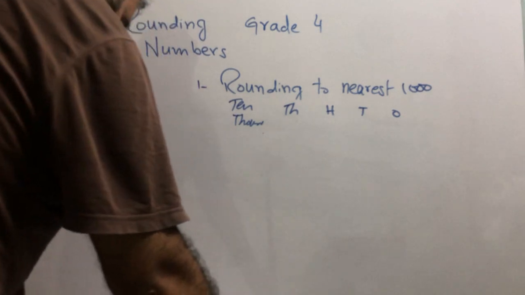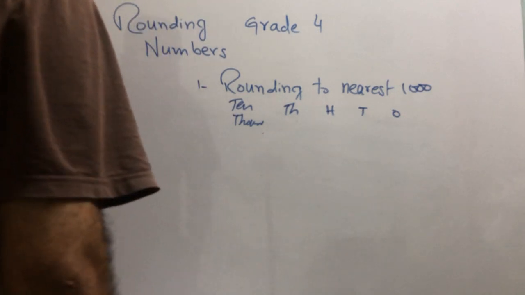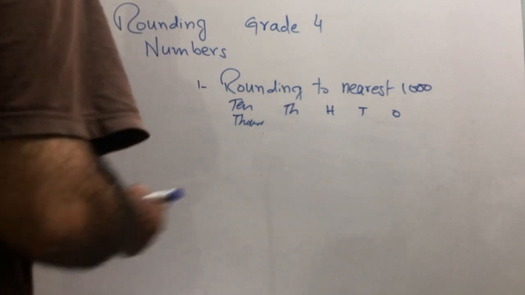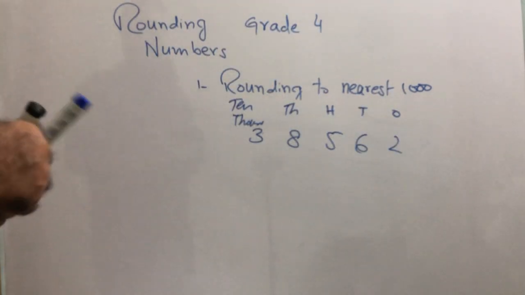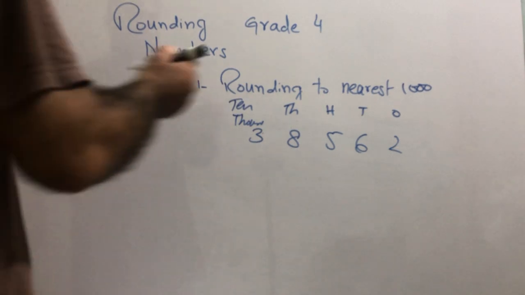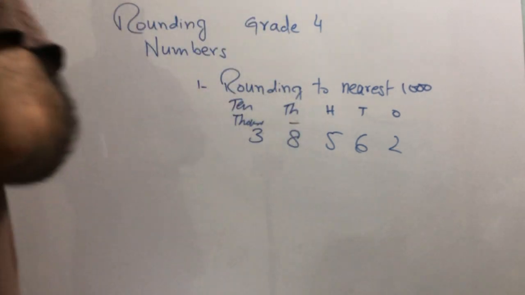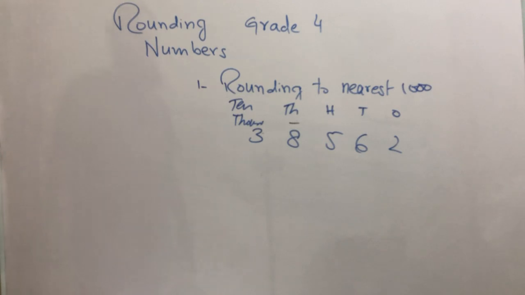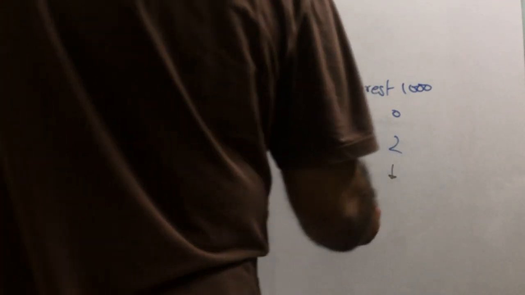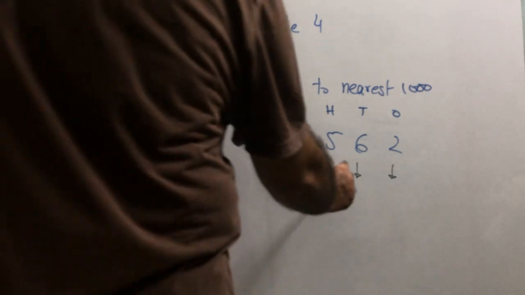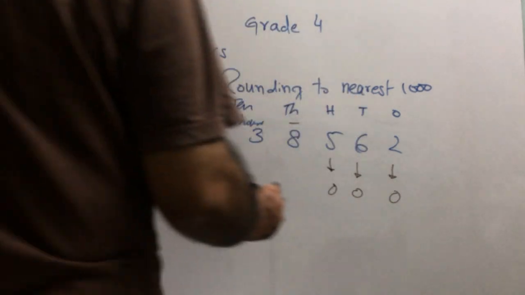Now we move ahead to another number, 38562. When we are talking about rounding to nearest 1000, place some mark here so that you keep in mind that you are rounding to nearest 1000. The very first action is that all the numbers towards the right side of the 1000 place automatically become 0.